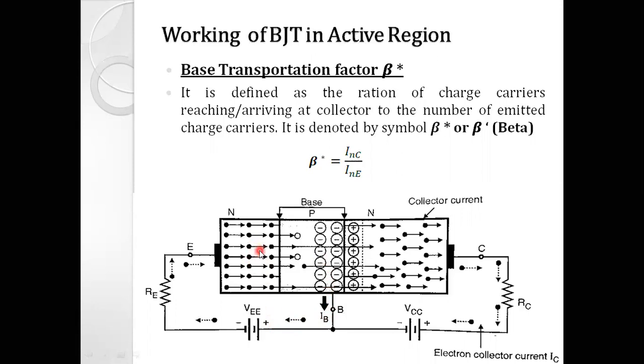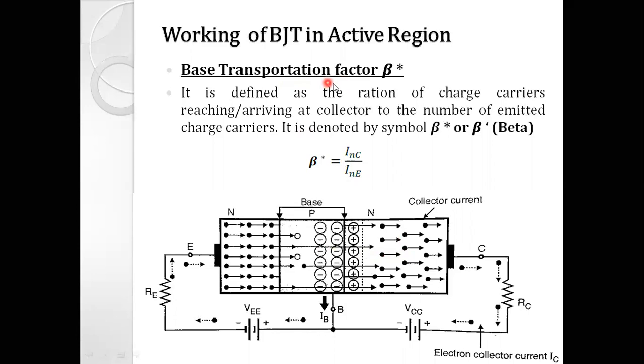So these 100 majority carriers are divided into two parts. The first part is 5 majority carriers that stay for a while inside the base region, and 95 carriers reach the collector region.